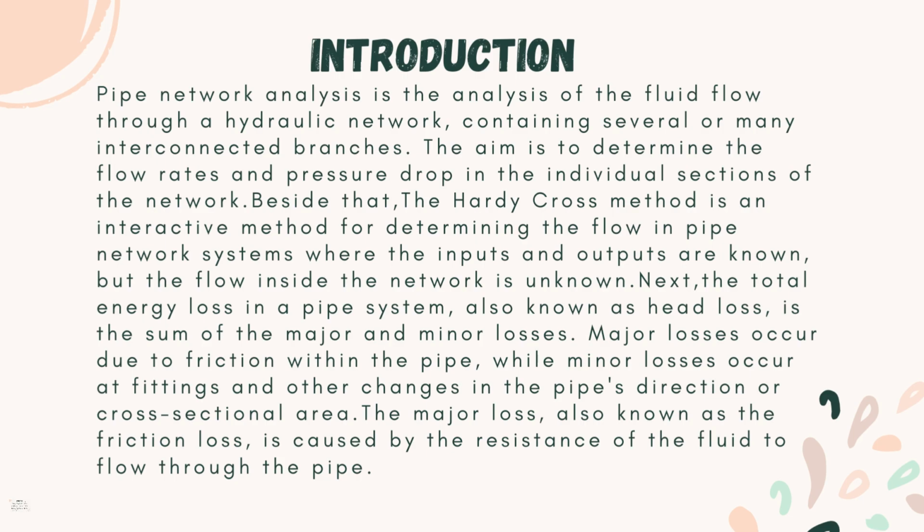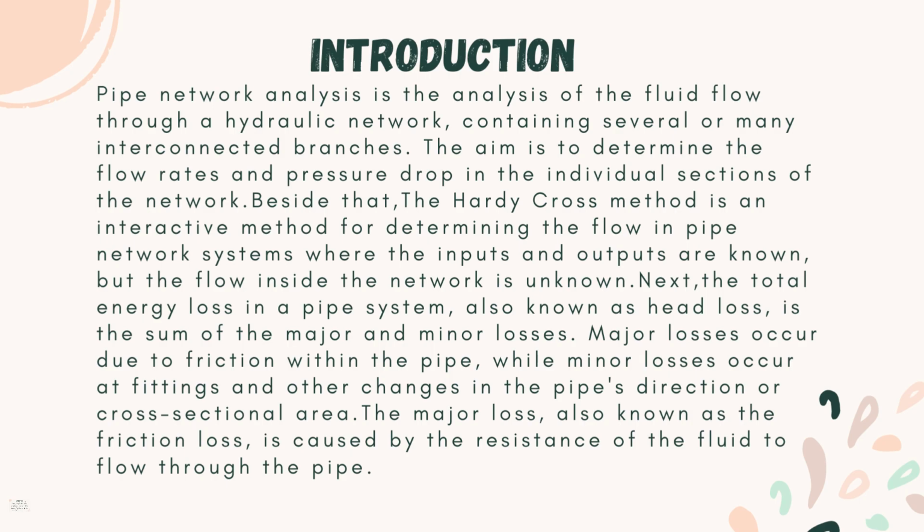Next, the total energy loss. The total energy loss in the pipe system, also known as head loss, is the sum of the major and minor losses. Major losses occur due to friction within the pipe, while minor losses occur at fittings and other changes in the pipe direction or cross-sectional area.